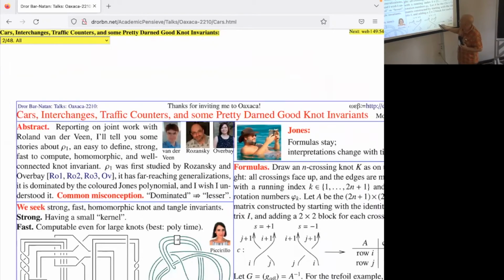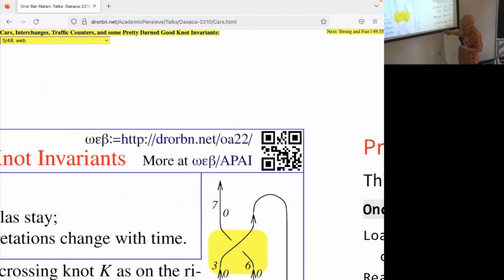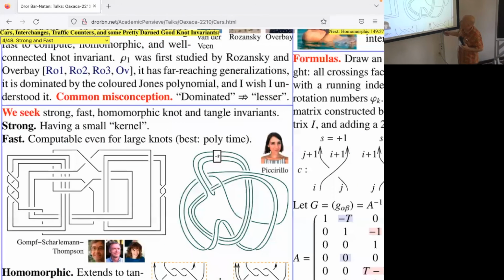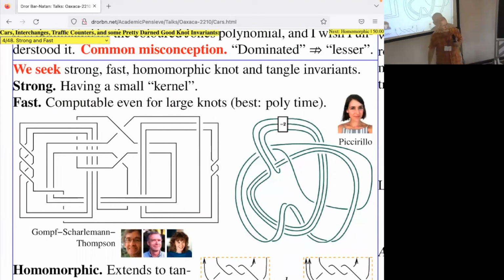So then Roland and I had very good quantum algebra formulas for strong, fast, and homomorphic knot invariants. And I've given talks about these formulas before, and they're online. In fact, I think they're on the handout as references.